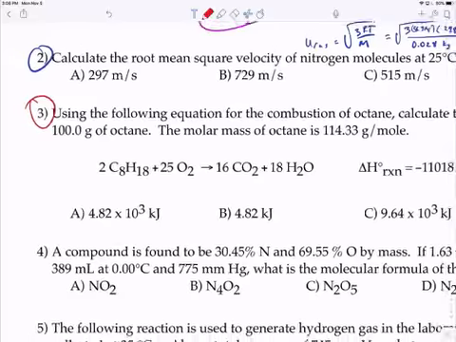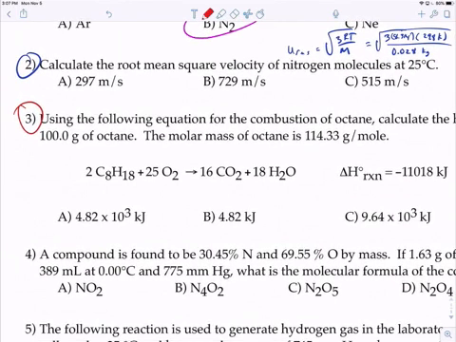So it's dimensional analysis. 100 grams C8H18 times 1 mole C8H18 all over 114.33 grams, times 11,018 kilojoules per 2 mole C8H18.